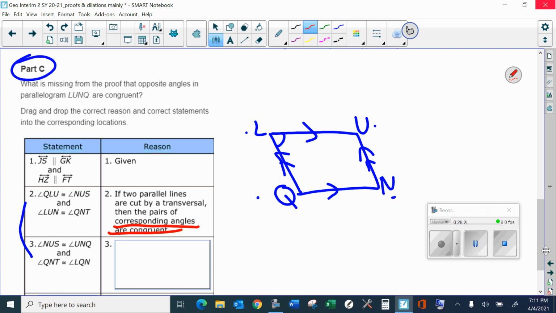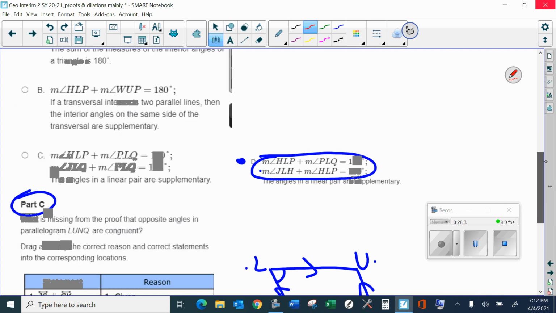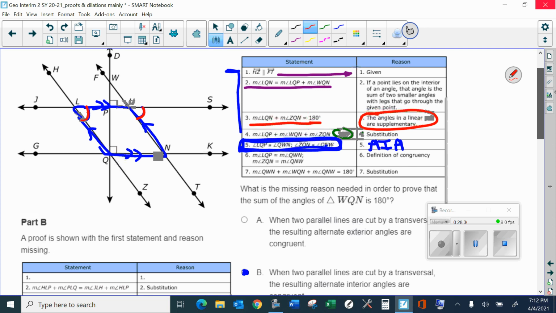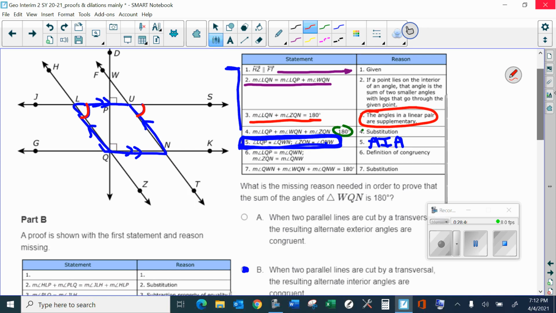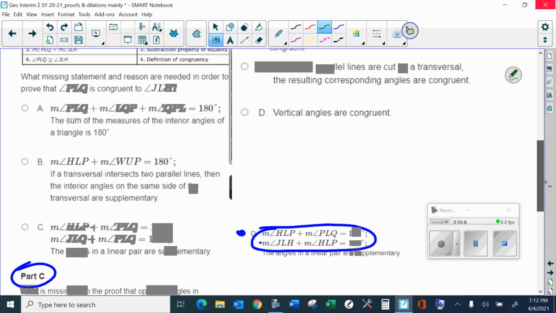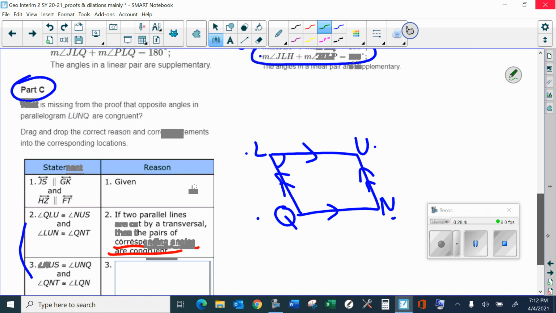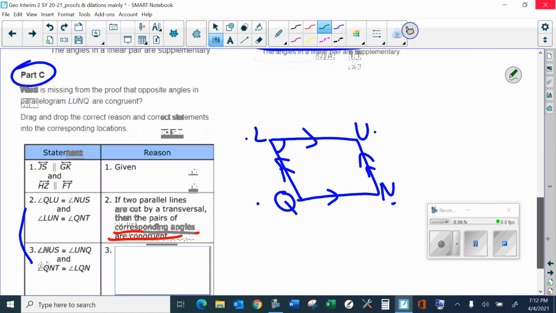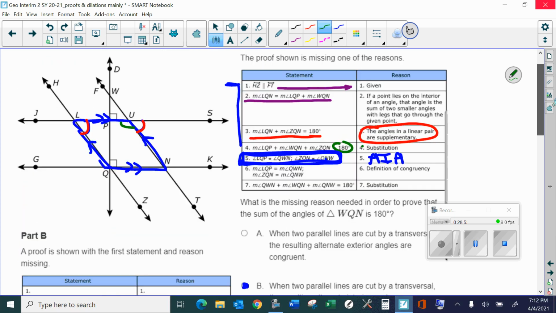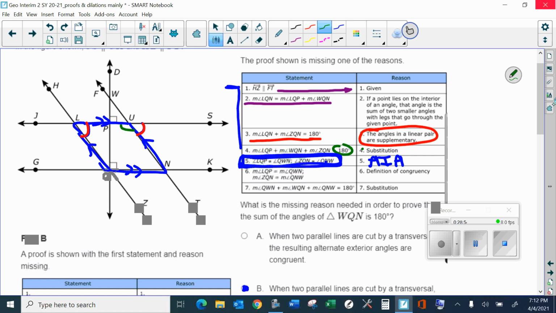And LUN, we have another pair. LUN, let's change the color. Green. LUN is congruent to QNT, right here.